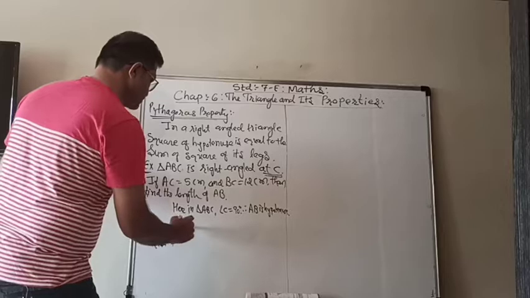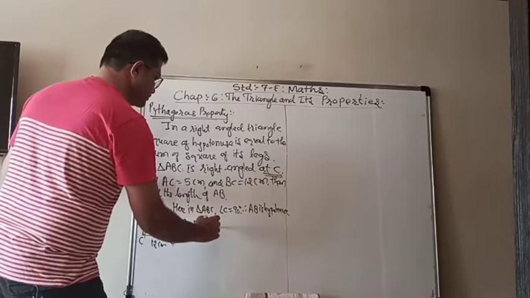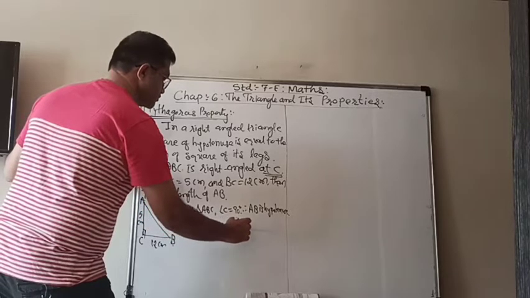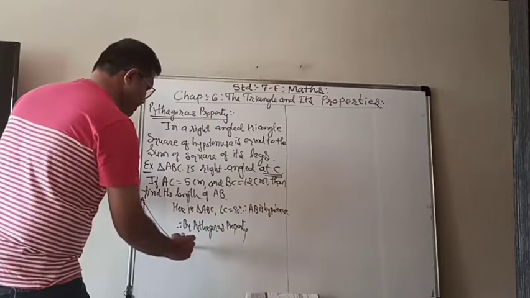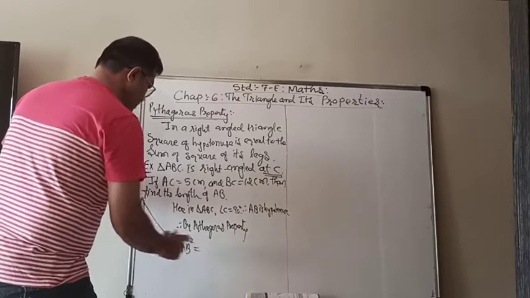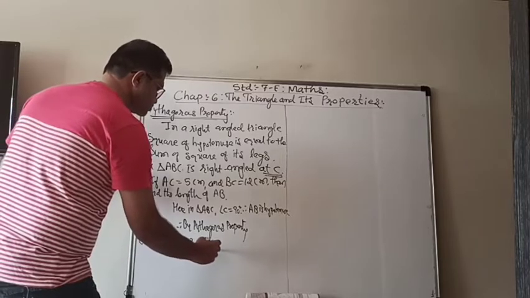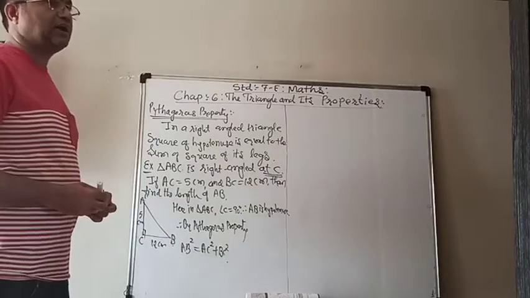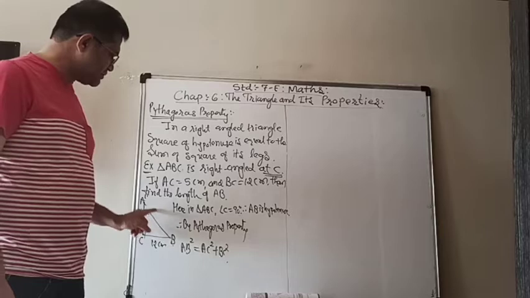And therefore, by Pythagoras property, what? Square of hypotenuse means AB square is equal to AC square plus BC square. So according to the right angle, we have to write down this, that hypotenuse is AB here.